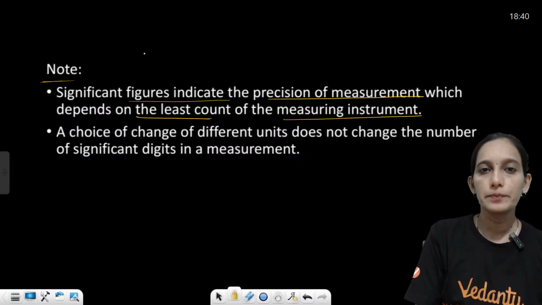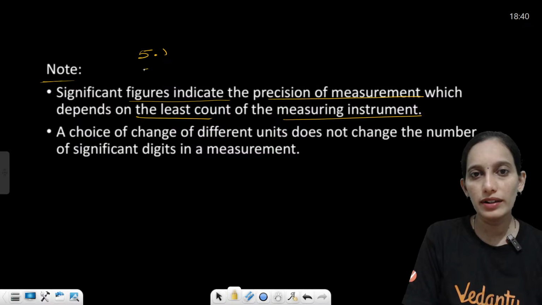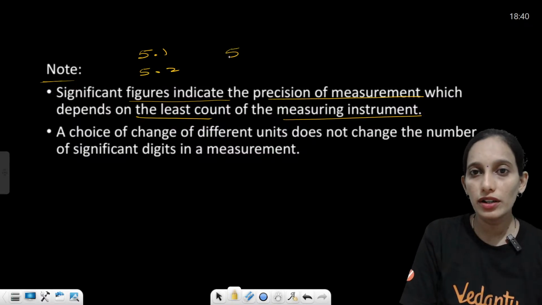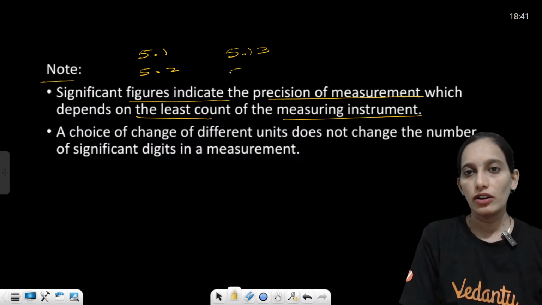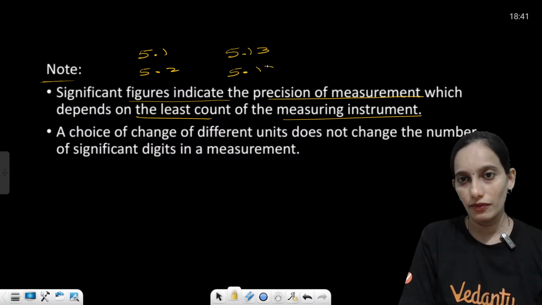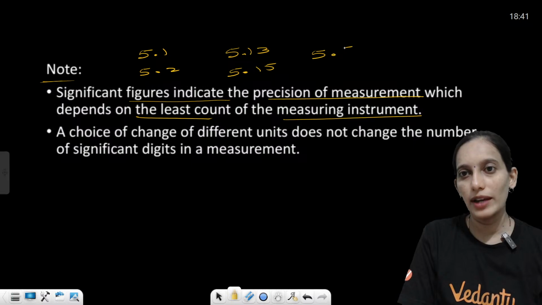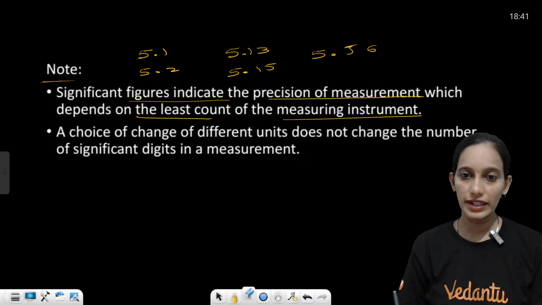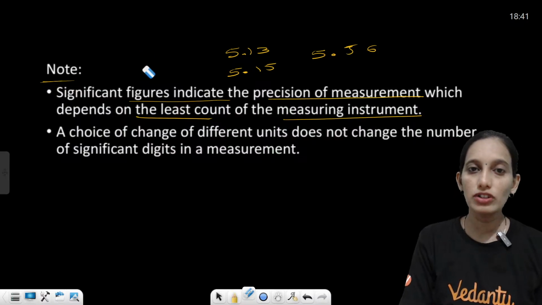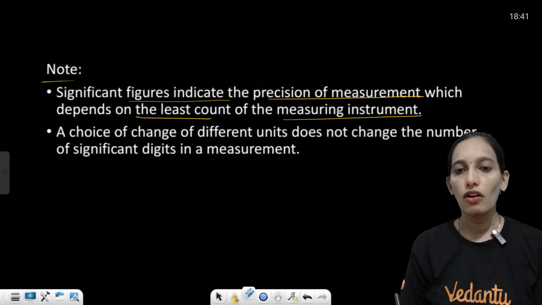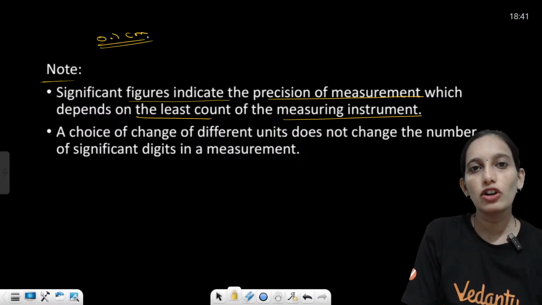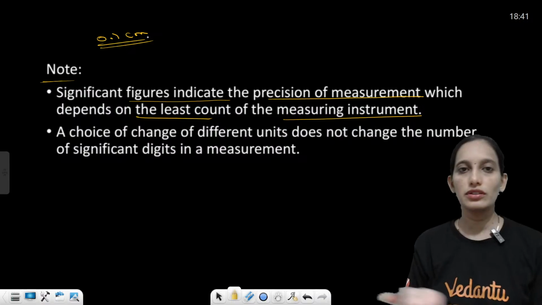As I said, I can measure 5.1 or 5.2, but I cannot measure 5.13, 5.15 or 5.56. Second decimal accuracy I am not getting. That is because the least count of the scale I chose is 0.1 centimeter. I am talking about the normal scale which you use daily.